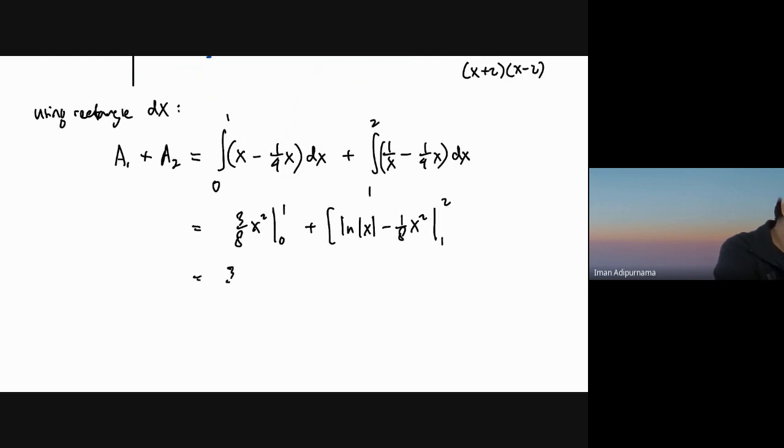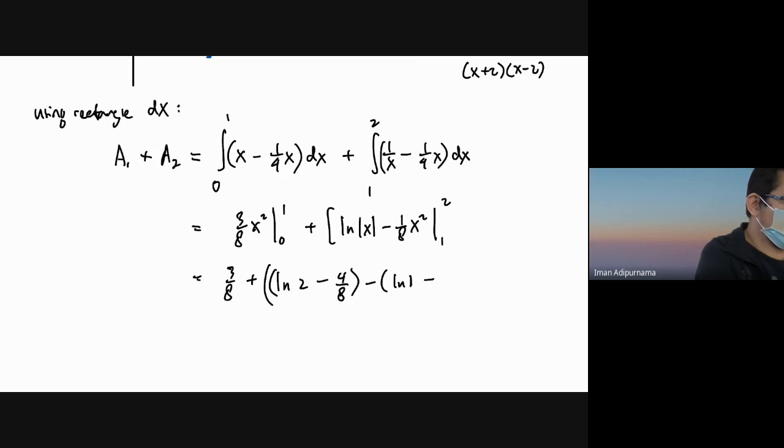This will be 3 over 8 plus ln 2 minus 4 over 8, minus ln 1, minus 1 over 8.